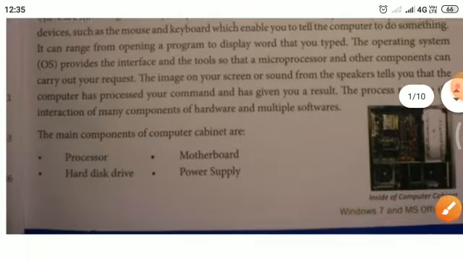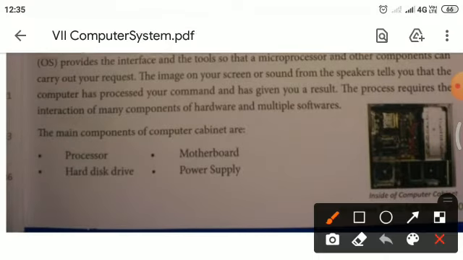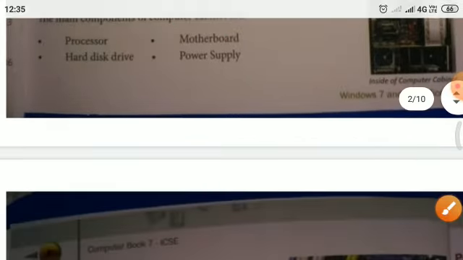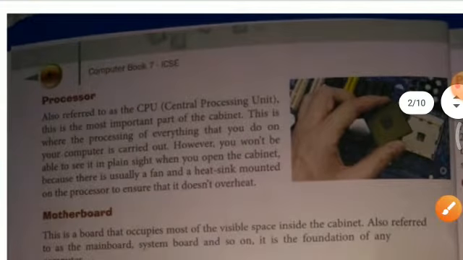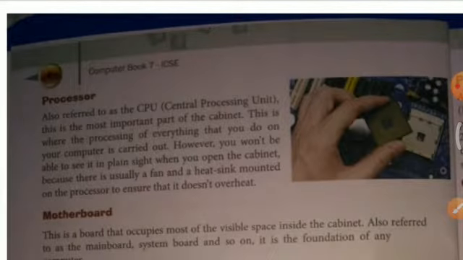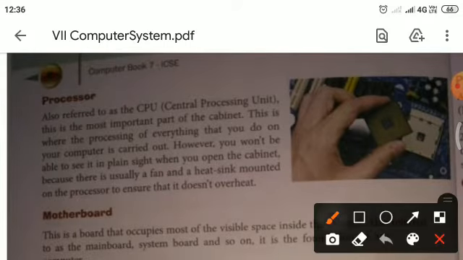And here, students, we will talk about the main components of the computer cabinet. First is processor, second is motherboard, third is hard disk and power supply, students. And we will talk about the processor. Here, students, a processor is also referred to as the CPU.